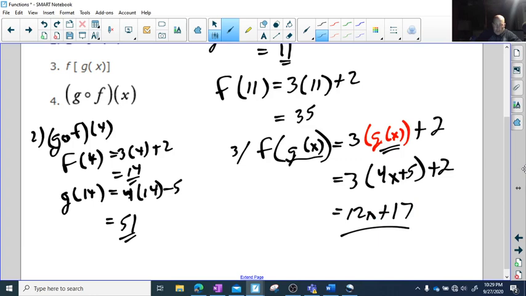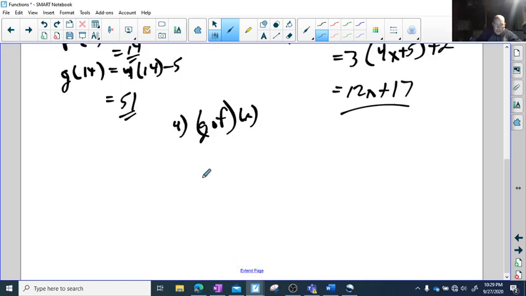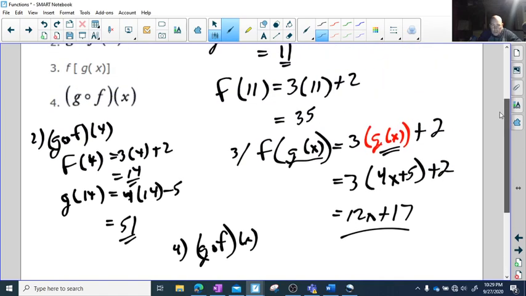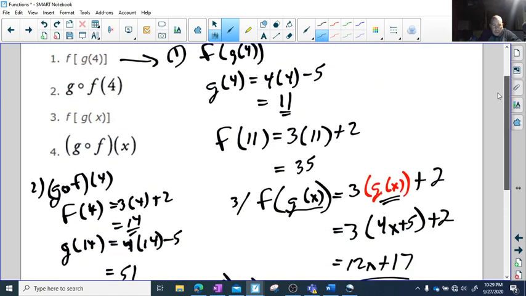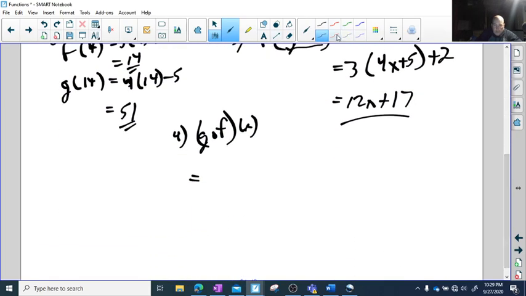And the last one is in the other notation, g of f of x. So it wants me to put f of x into g of x. So g of f of x would be function g, which is 4x minus 5. So 4, instead of x, it wants us to put f of x in its place.